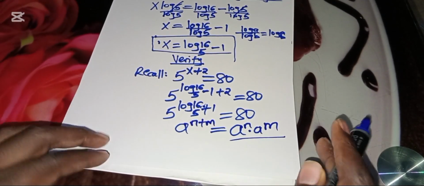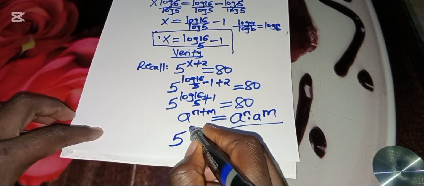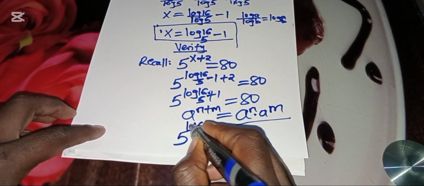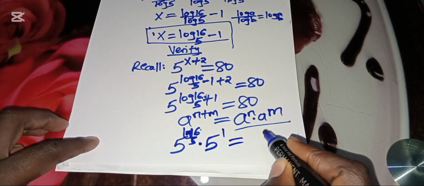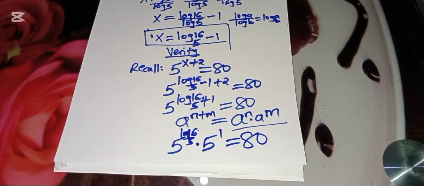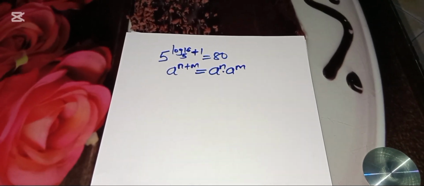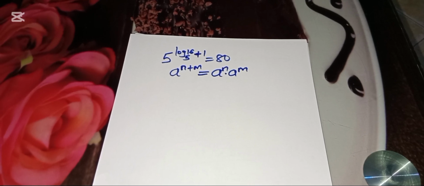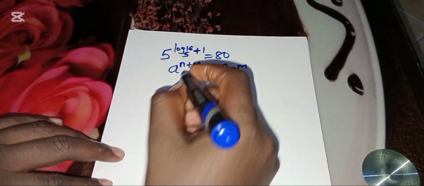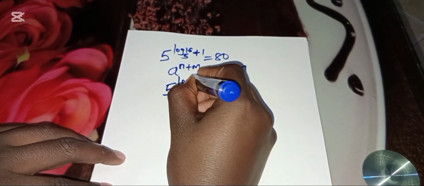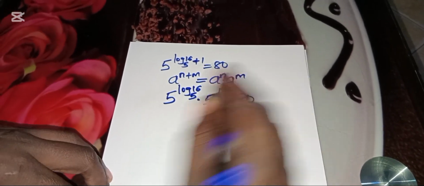Okay, so let's apply that, so that now we're going to have 5 raised to power log 16 to base 5 multiplied by 5 raised to power 1. This is supposed to give us a value of 80.